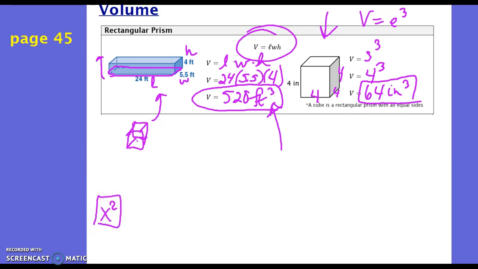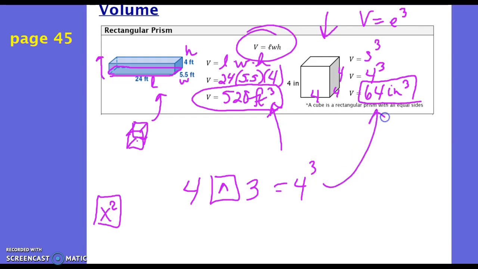We don't have a cube button, so what we can do is there is a button on your calculator that has a little arrow pointing up, and it just means take any number and raise it to a power. So if I want to take 4 and cube it, I can put in the number 4, hit the arrow that's pointing up, and then hit the number 3, and that means 4 cubed, which is 64. 4 times 4 times 4. So that is how you find the volume of a rectangular prism.